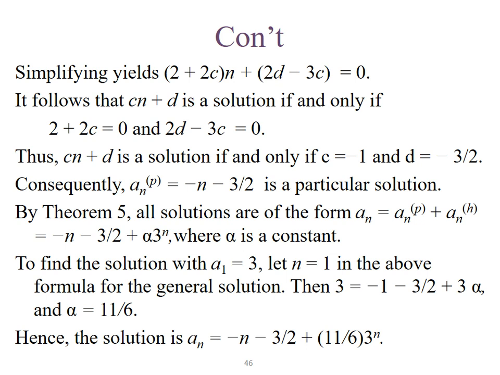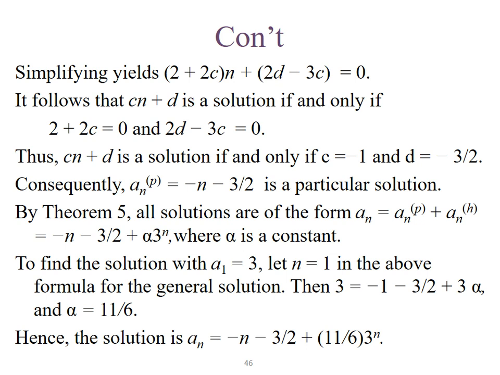This is our particular solution, and we already have our homogeneous solution, alpha times 3 to the power of n. Now we can combine them together: a_n equals a_n^(p) plus a_n^(h). In this equation we have the unknown variable alpha, so we can apply the initial condition again.